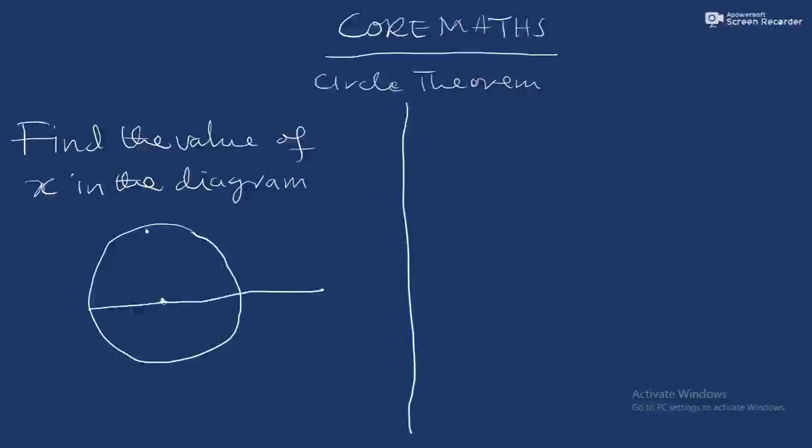So this is our diagram. So A, B, C, and D, where this one too is our center.